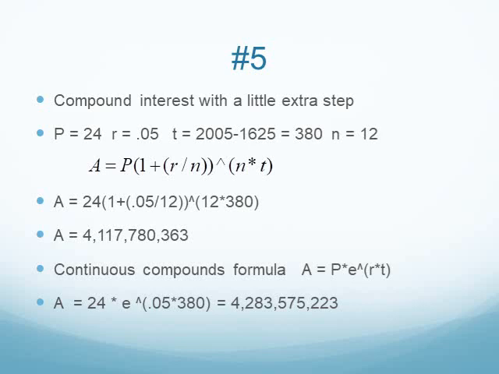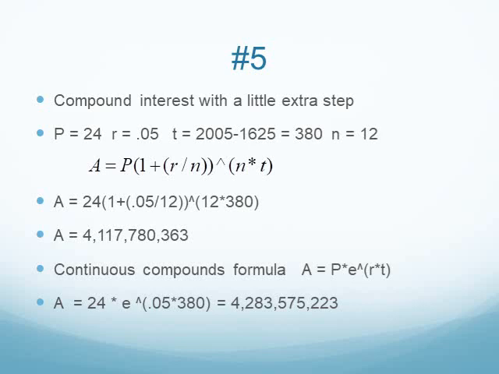So the 2005 is the other time year that you need. It's really tricky. You have to take the year 2005 and subtract the year 1625 when they initially bought it to find out that this money would have been sitting in an account accruing interest for 380 years. Literally, I'm not kidding, 380 years, okay?